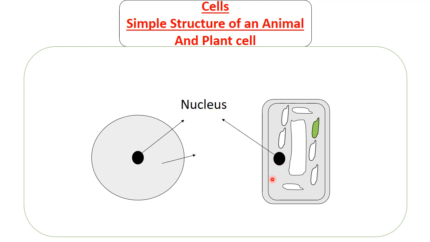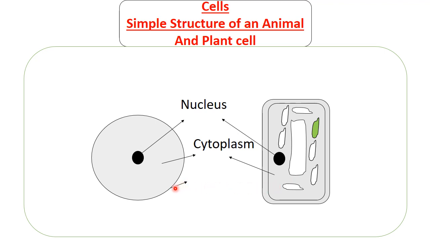By the way, these structures that make up a given cell are called organelles. Other than the nucleus, the two share this fluid-like substance where the nucleus is. In the plant cell, it is this here. This fluid-like substance where the other organelles are floating is called the cytoplasm.